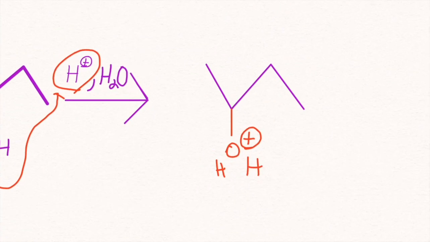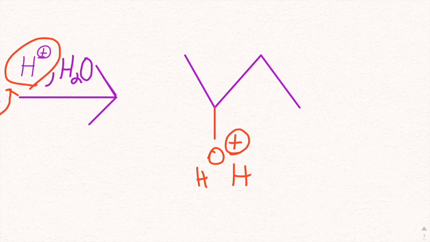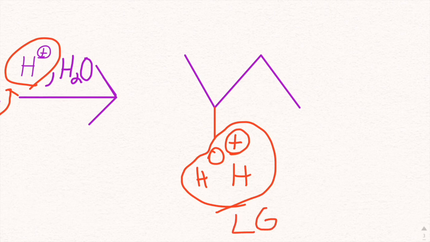Now the thing about water, when it's attached to one of our carbons here, is now it's a good leaving group. Water is a really good leaving group because it's slightly basic, and when it leaves, it's very stable on its own, which is basically the two principles of what defines a leaving group.